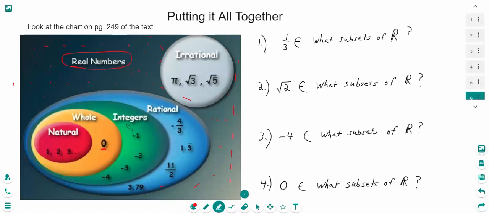Okay? And then we could go out even further, and we can say, okay, well, now we've got numbers that are 0, 1, 2, 3, all the way up to infinity, as well as negative 1, 2, 3, all the way up to negative infinity. And combined with that, we're also adding fractions in there now. These would be your rationals. Okay?